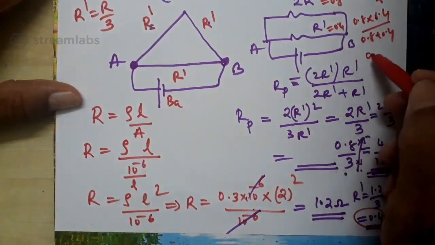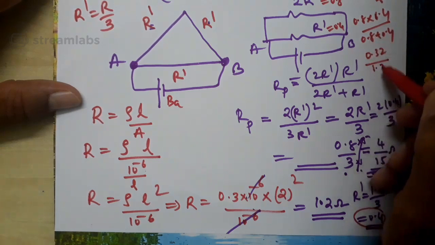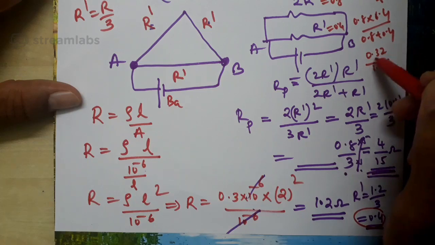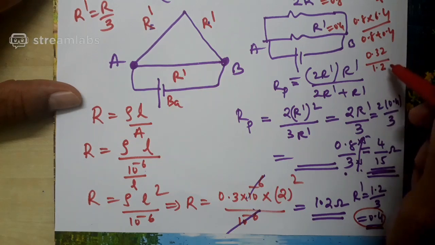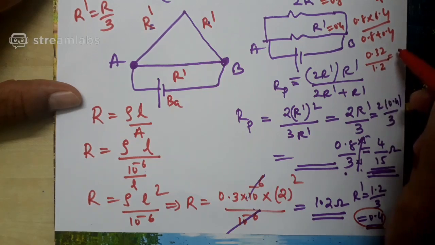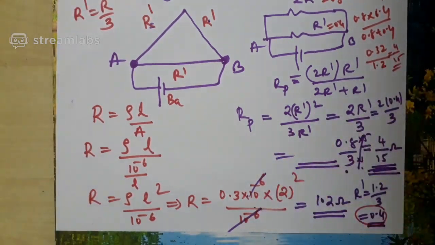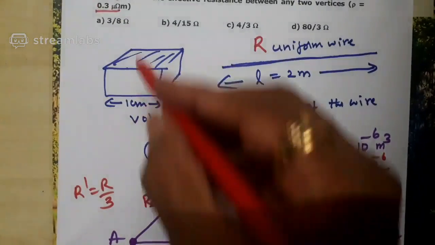This is 0.32 divided by 1.2. This is 32 by 120. This is nothing but again 4 by 15. Understood now? Okay. So option is B.